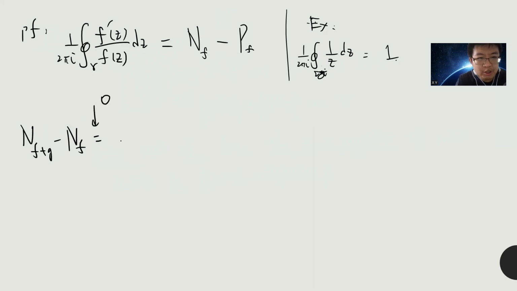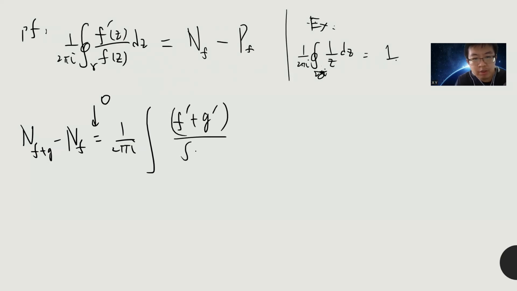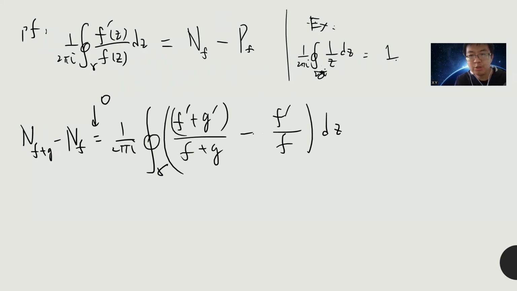Our goal is to show this is 0, and we use the argument principle. So we have the integral of (f' + g')/(f + g) minus f'/f over gamma, divided by 2 pi i. We just need to show this is 0. Hopefully it's obviously simple.